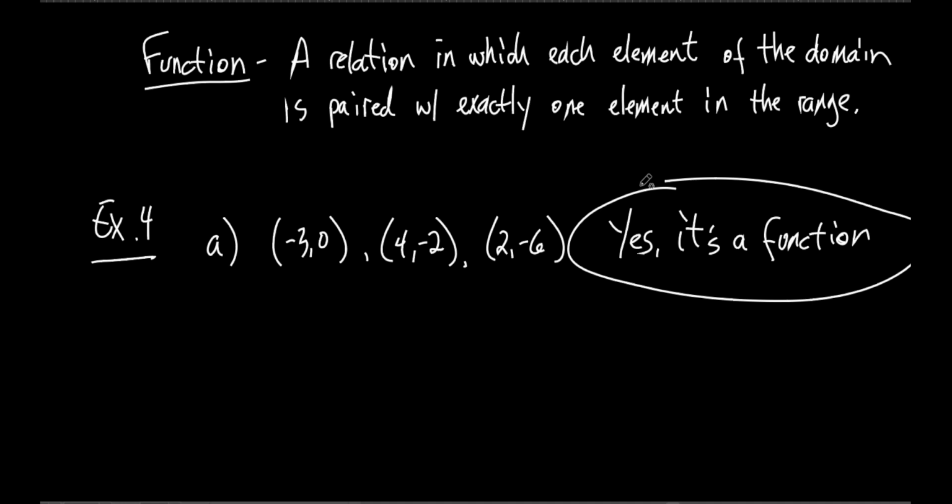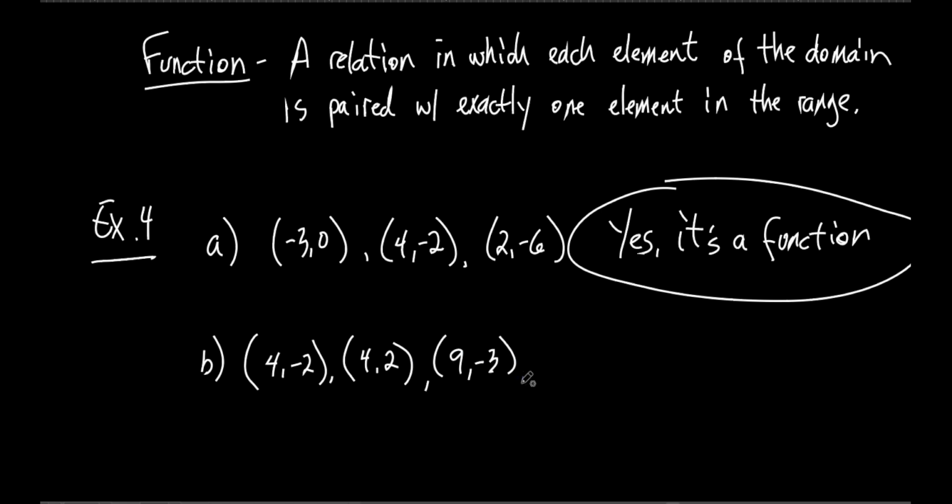All right. What about this one? So this time they put 4 ordered pairs. (4, -2), (4, 2), (9, -3), and (-9, 3).